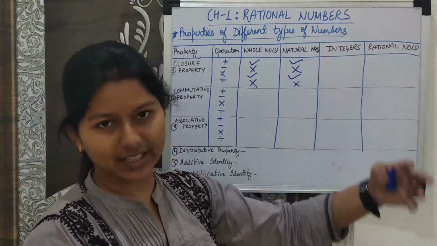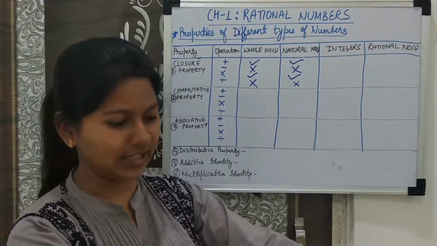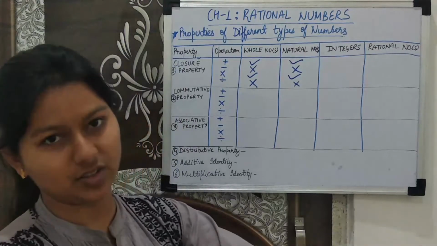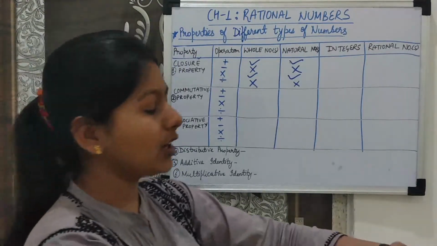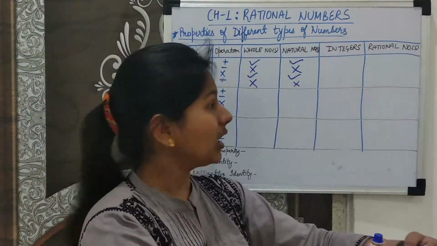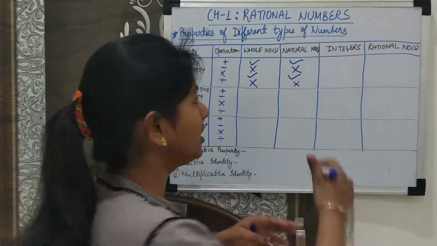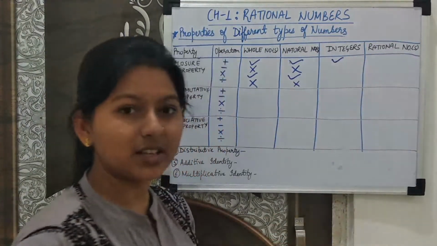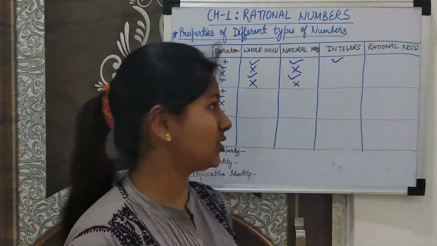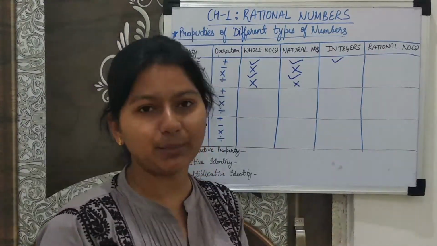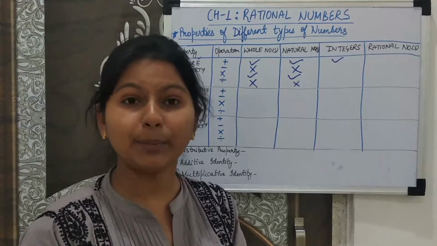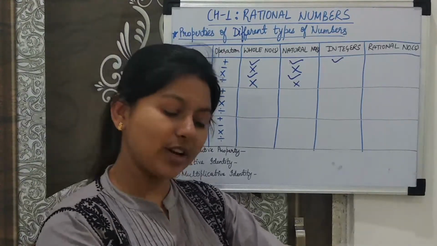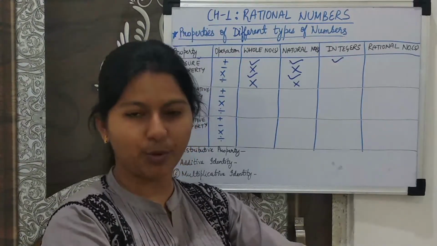Now the boundary is of integers. The boundary is extending right now. 3 plus 7 is 10. So integers are closed under addition. Now for subtraction, 3 minus 7 is minus 4. Minus 4 is also in the group of integers.